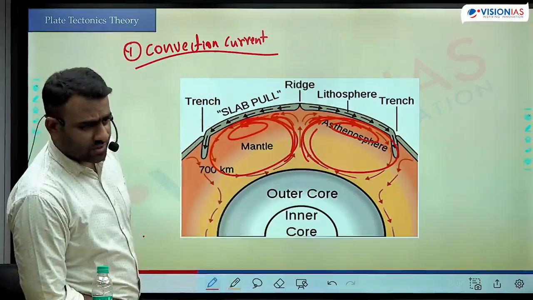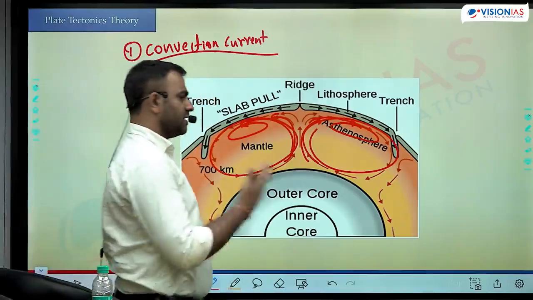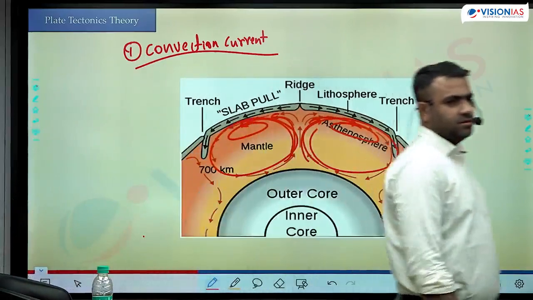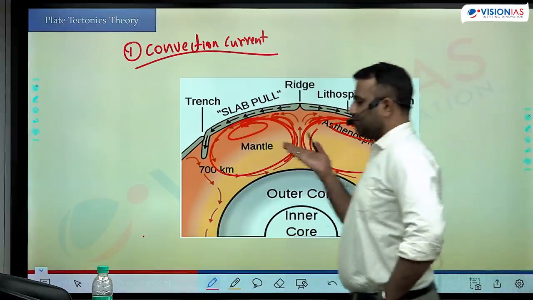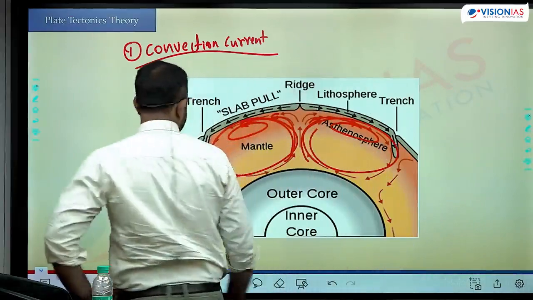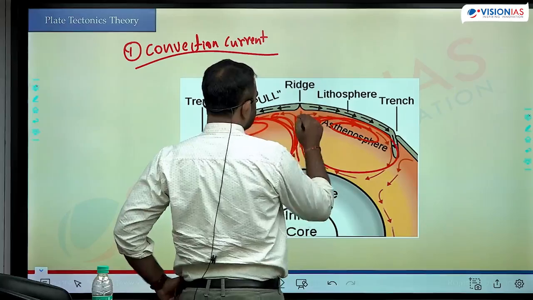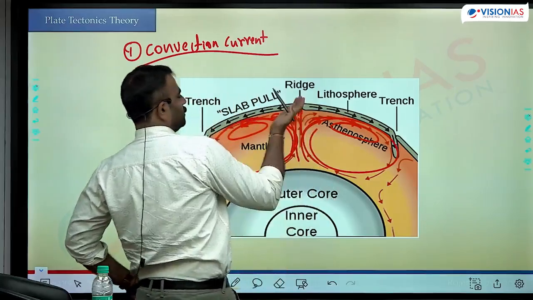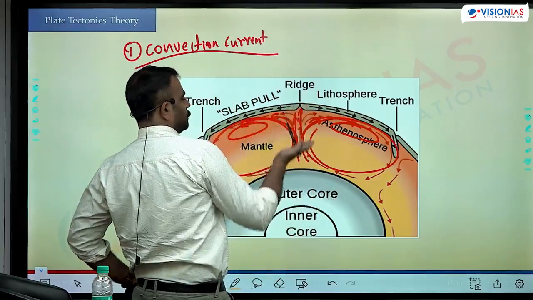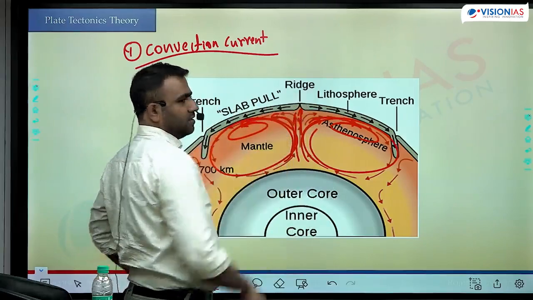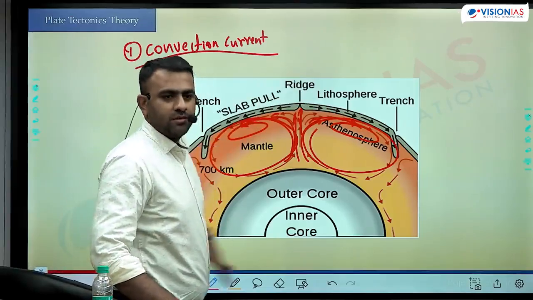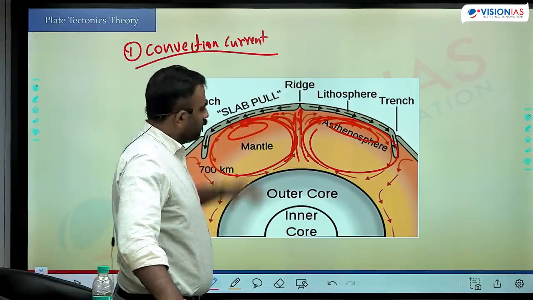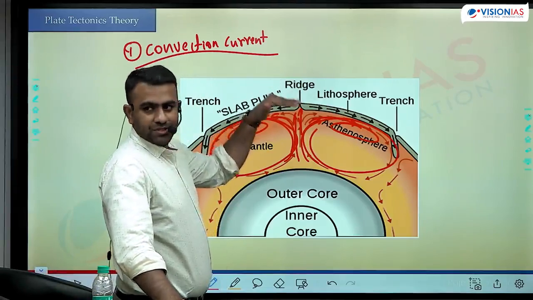Some of the currents are smaller, some of the currents are larger. Okay, so covers the either entire mantle or asthenosphere. They rise from below. As they rise from below, they hit the lithosphere. Okay, they rise from below and they hit the lithosphere. This lithosphere is acting like a hard and rigid outer cover. It will try to block. It will try to block the convection current.